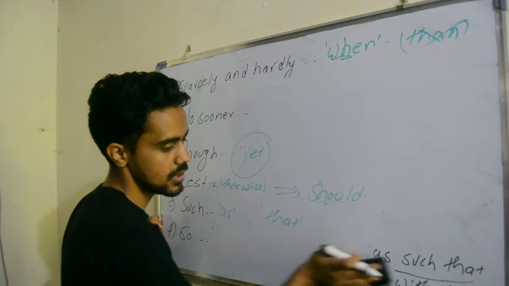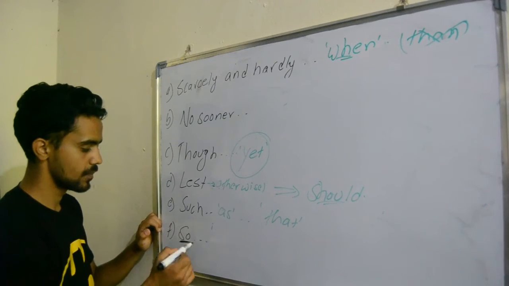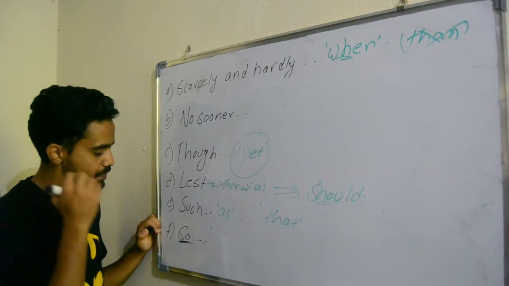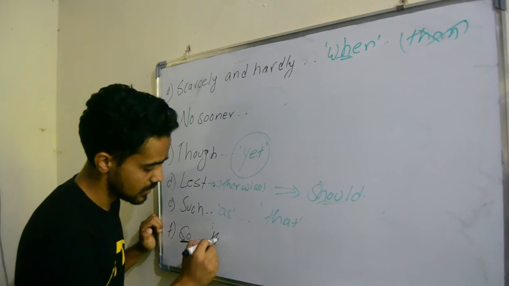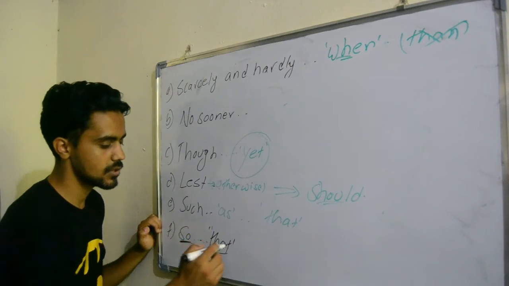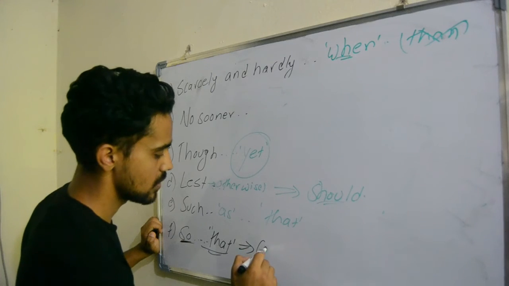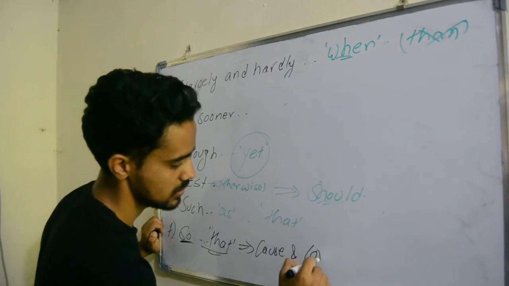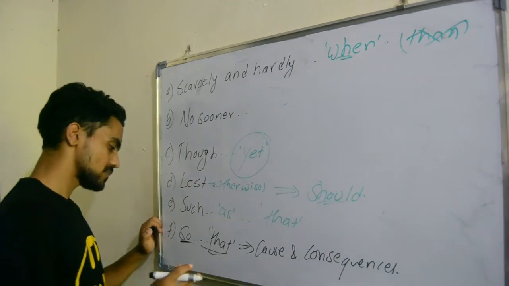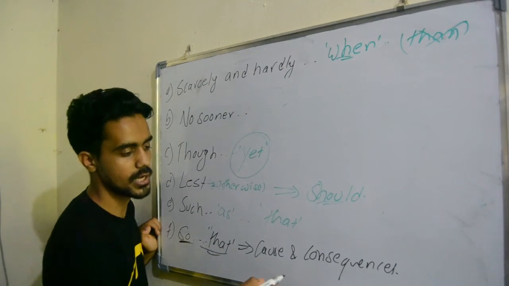And finally, we are on to the sixth point, and the sixth point is so. It's very simple yet confusing. After so, that is followed. It always shows cause and consequence. It means you have to study well so that you will pass the exam.